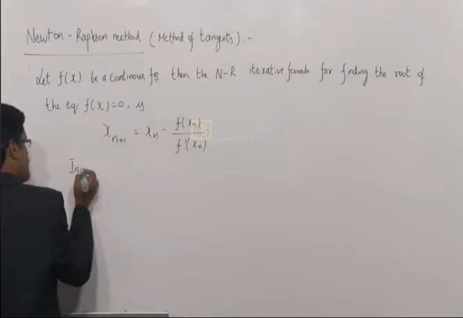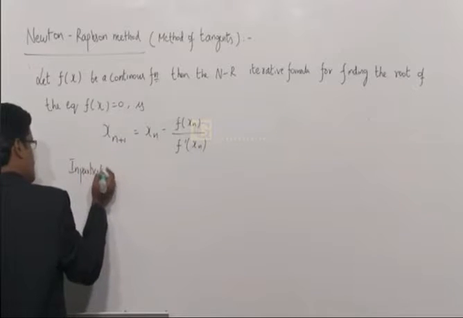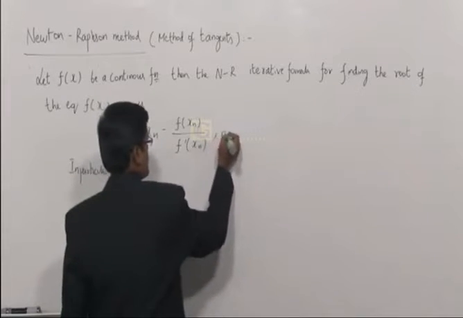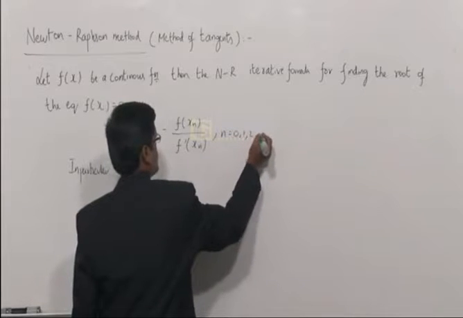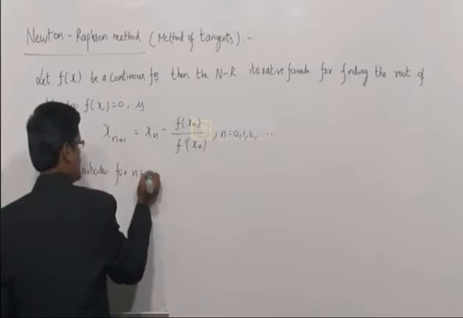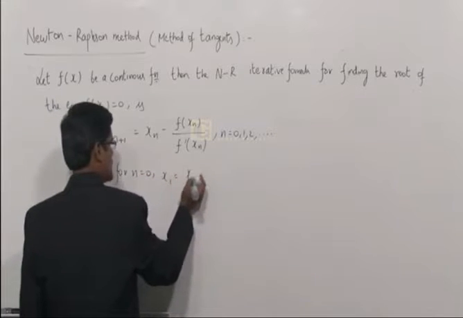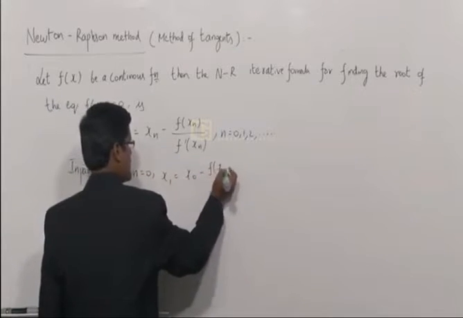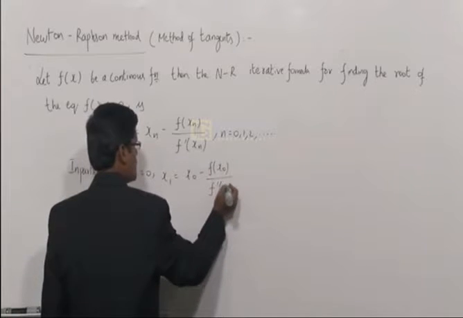In particular, here n is equal to 0, 1, 2, and so on. For n is equal to 0, x1 is equal to x0 minus f of x0 divided by f dash x0.